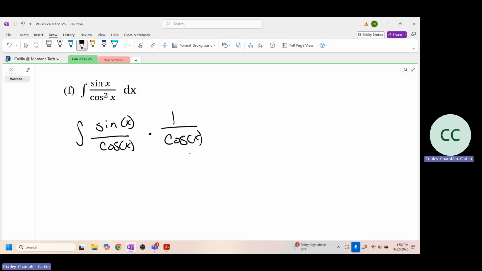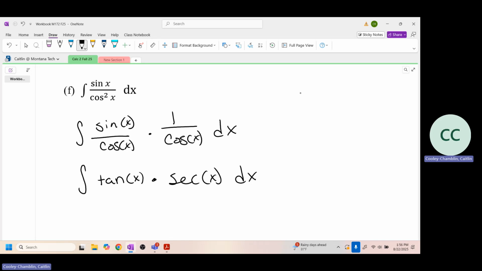This 1 over cosine of x gives me my secant that I just had. But this sine over cosine gives me something else. It gives me tangent. So the integral of tangent of x, oh, I forgot my dx. There we go. Times secant of x dx.